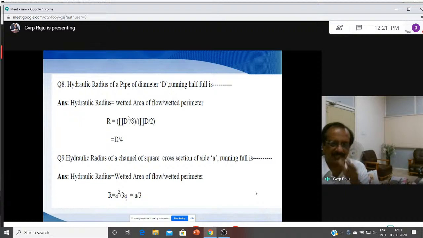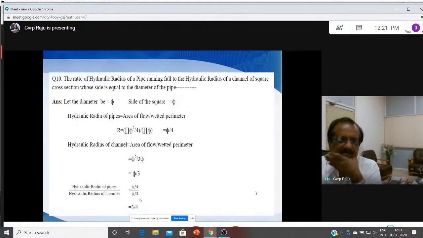The interesting thing here is because the top is open. Channel means, so he deliberately gives channel. If it is a pipe, that is different, 4A. If it is a channel, you need to take 3A. So the answer is A by 3. It will be confusing for some students, but because it is an open channel, you can take 3A. The answer is A by 3.